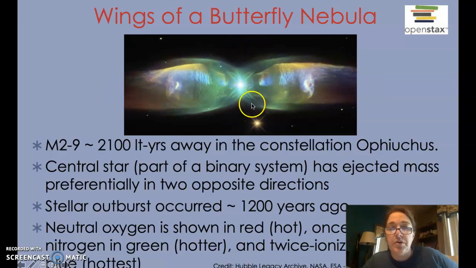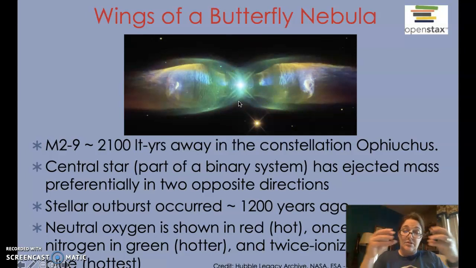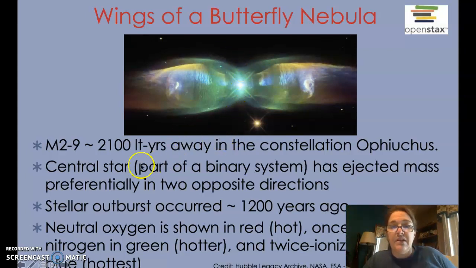We have this torus around the star that is stopping the explosion from coming in all 360 degrees, so it's only extending out in two different directions. The colors tell us the approximate temperatures. Neutral oxygen in red, once ionized nitrogen in green, twice ionized oxygen in blue.